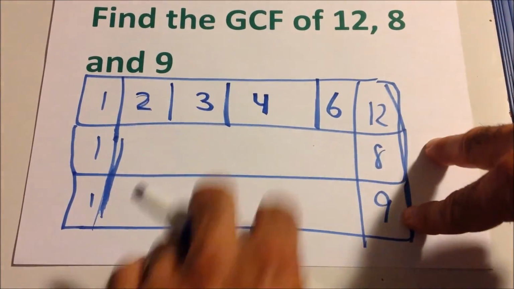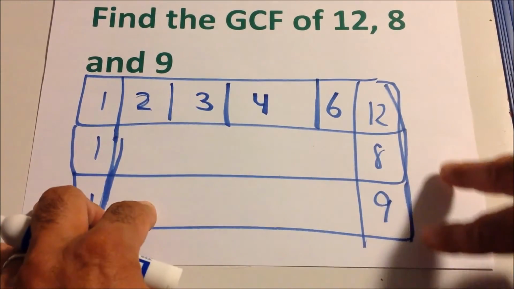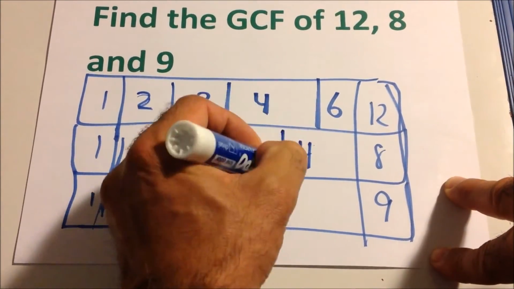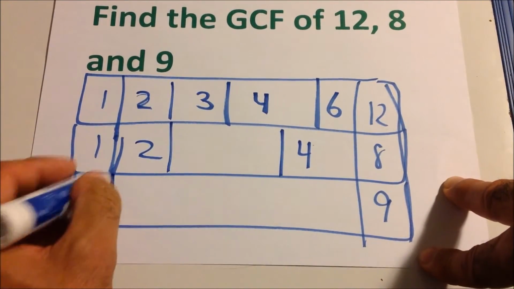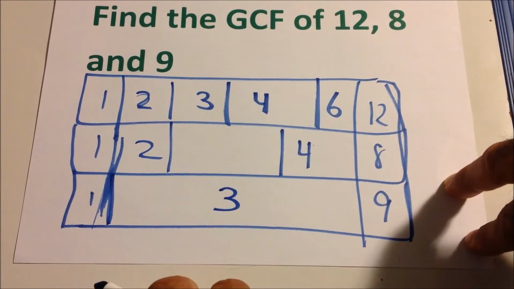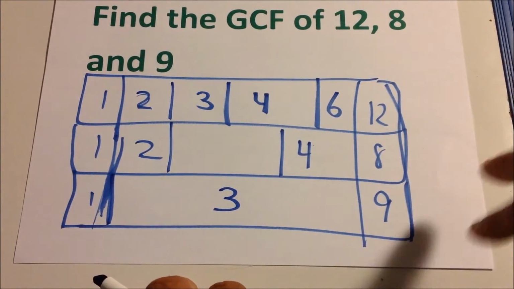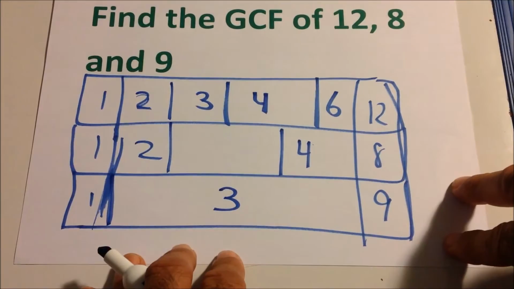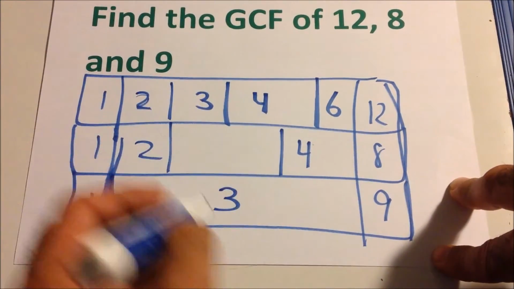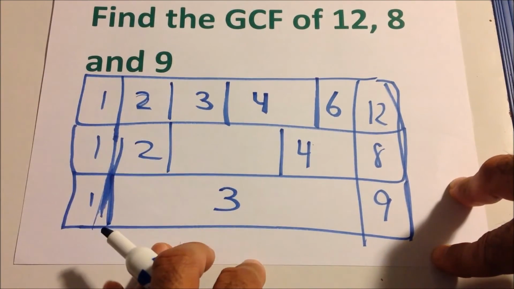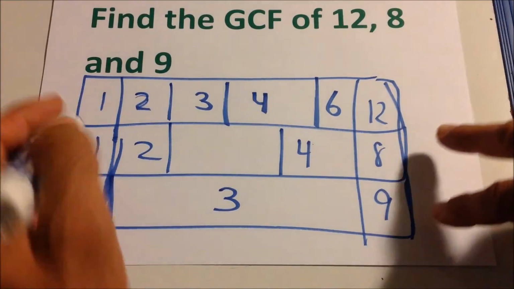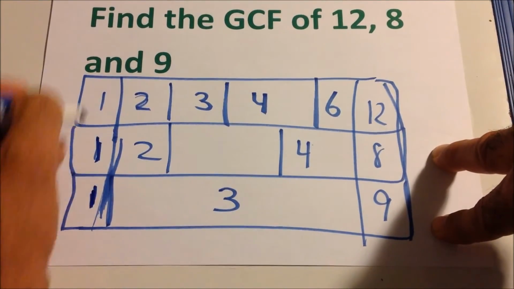When you're doing this, make sure you got all the factors, of 8 and 9. Now, 2 doesn't go into 9. 3 goes into 9. So what is the greatest common factor that they share? Well, 12 and 9 share a 3, and 12 and 8 share a 2. But there's no other factors that they share. So as you can see now, the only factor they share is 1.